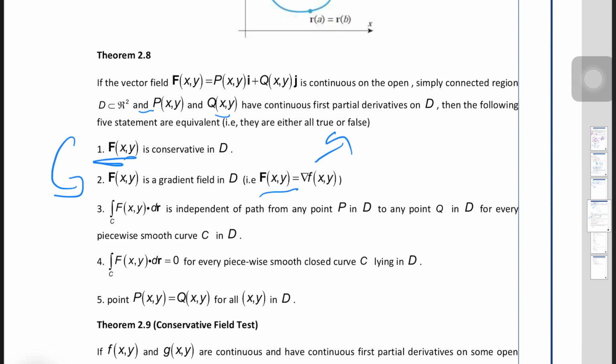Okay, apa lagi? Number 4, integral of F(x,y,z) dot dr equal to 0 for every piecewise smooth closed curve C lying in D. Ini adalah group yang terbaru lah. Okay, di mana kita ada closed curve, dia work done W equal to 0.